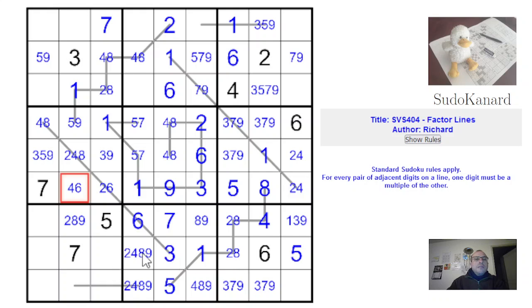This row needs 2, 4, 8, 9. And I don't see anything to deduce from that. Oh, inside this region 3 is here, so that's not a 3.